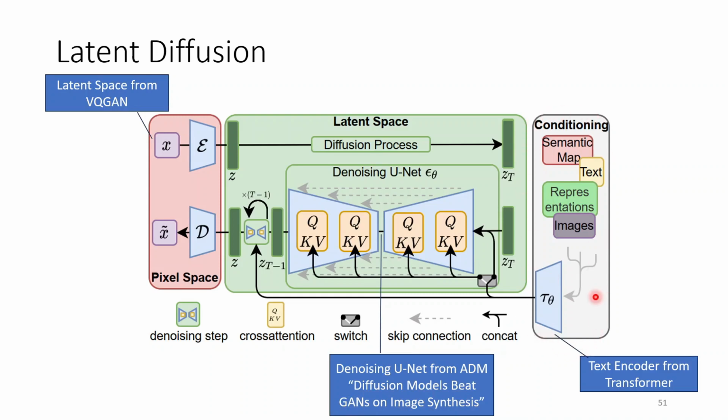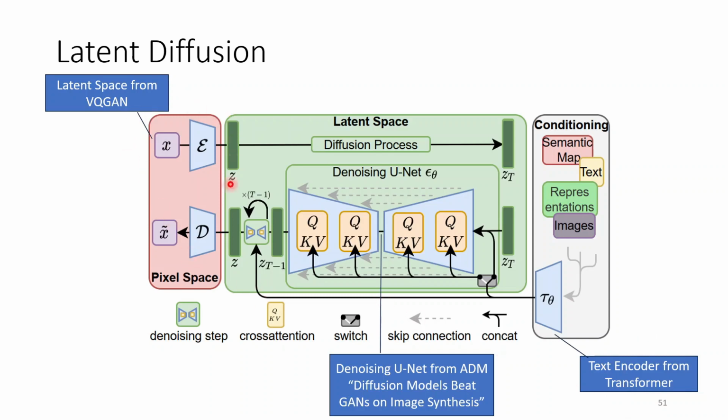So for this conditioning, the text encoder, in their paper they claim it comes from a transformer. But what does this mean? They didn't provide further details. But what I think is the transformer is just a sentence BERT. So the sentence BERT was used in their first paper 2 years ago.